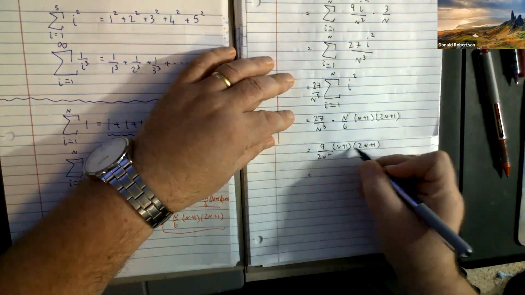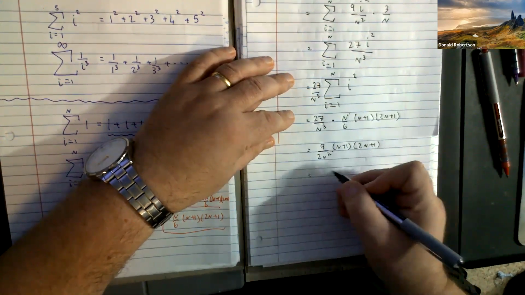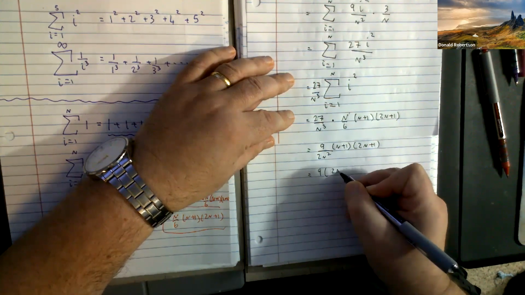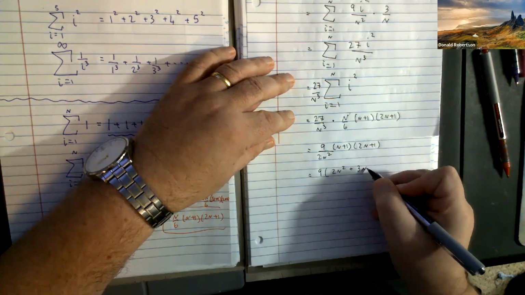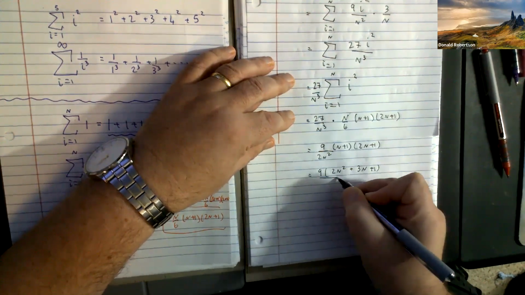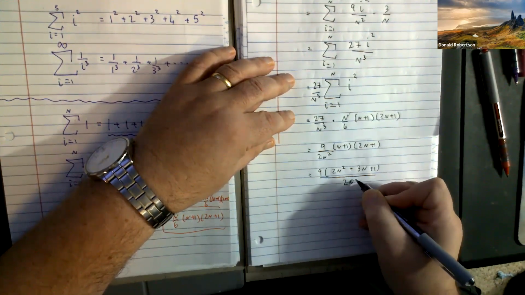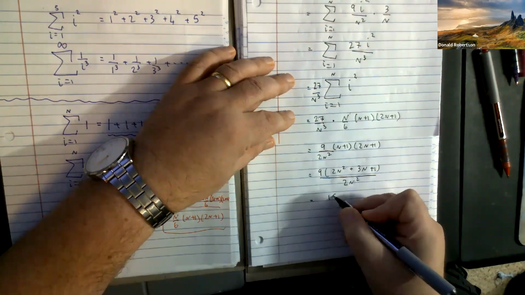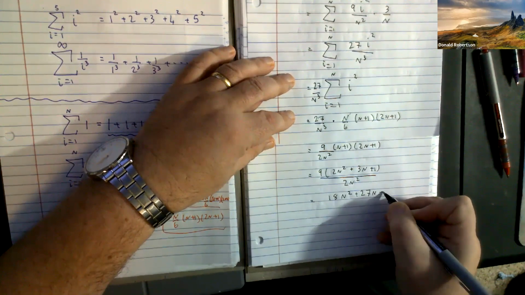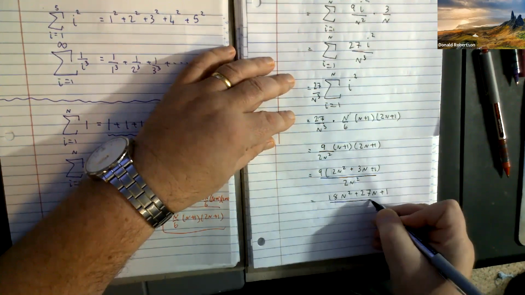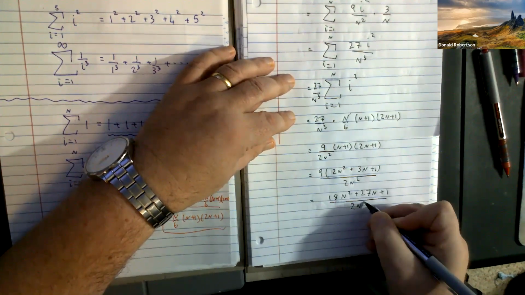And then I'm going to multiply all this out, which is 2n squared plus 3n plus 1 all over 2n squared, which gives me 18n squared, 27n plus 1 all over 2n squared.